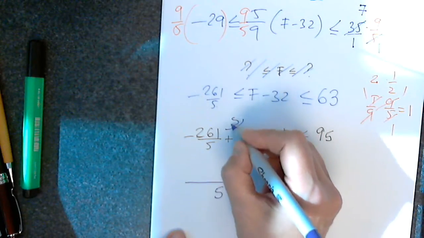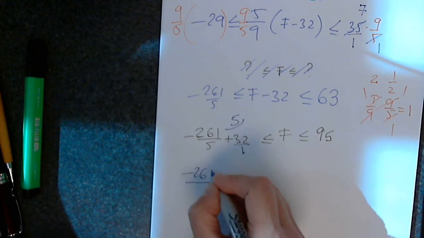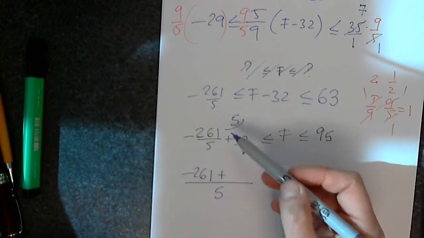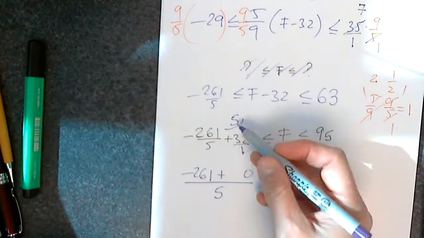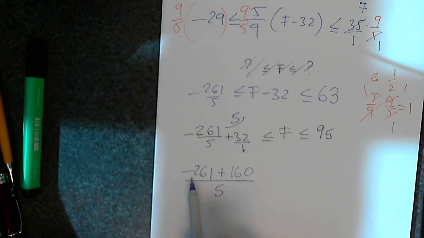So I have to do the same thing to the top. And that's just a reminder. It's not a fraction line. It's just a reminder: don't forget, 32 needs to be multiplied by 5. So then I have -261 plus 5 times 32, which is 160. So -261 plus 160 is -101.